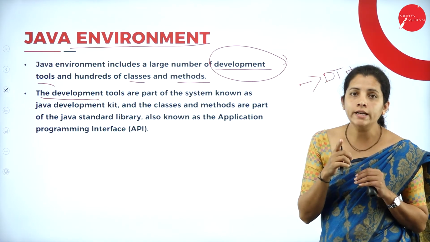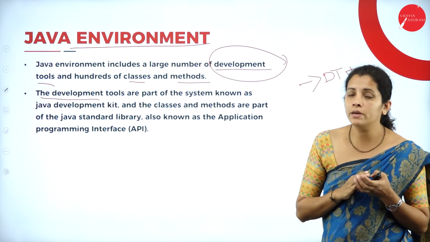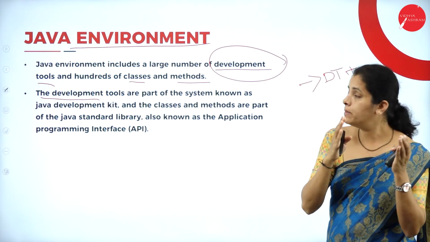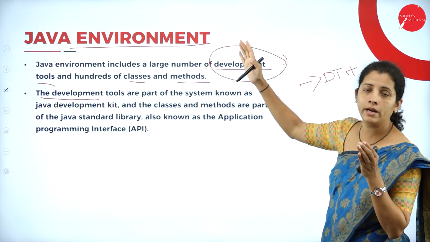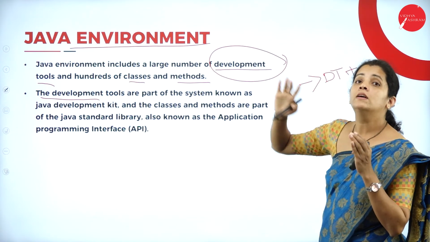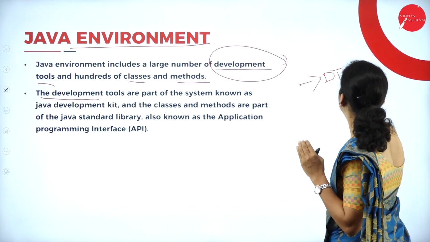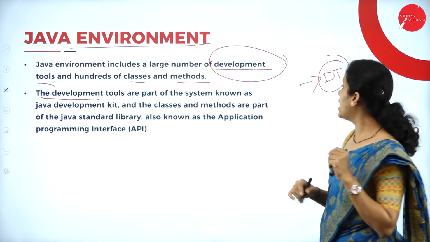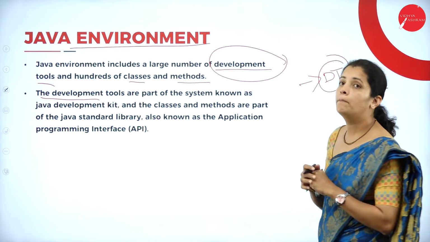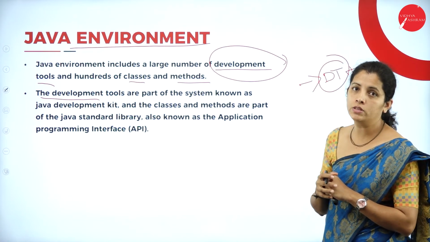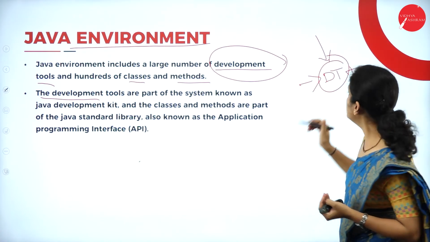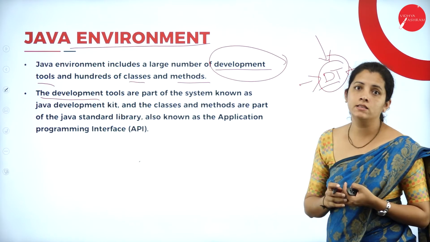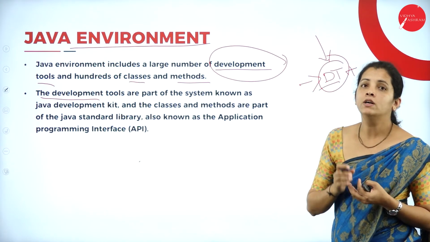So dear student, what are the things you want to remember here? That the Java environment provides a number of development tools and classes and methods for the user. So what is DT? Here DT is nothing but development tool.